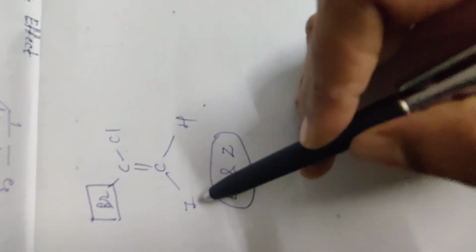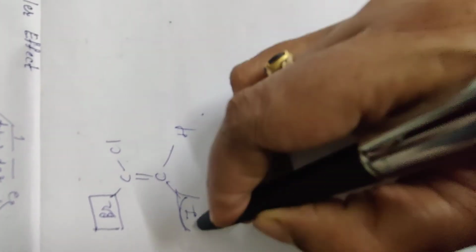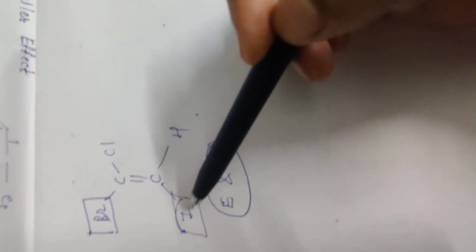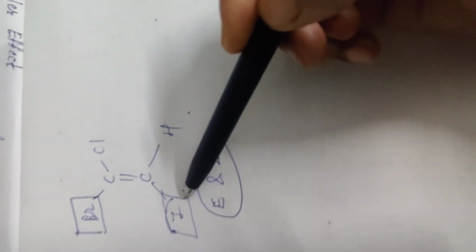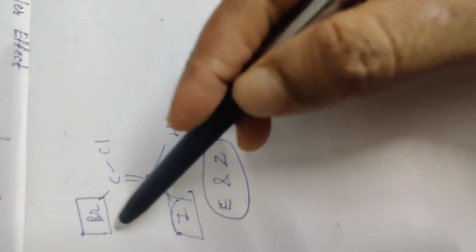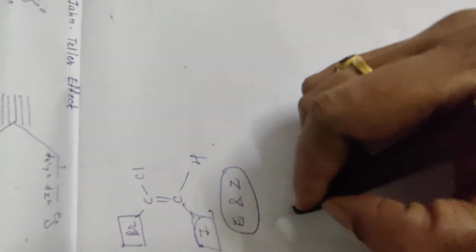So here obviously iodine has the higher atomic number and therefore we give priority to iodine. So when bromo and iodo, both the higher priority groups, come on the same side of the carbon-carbon double bond, then we call this Z nomenclature.